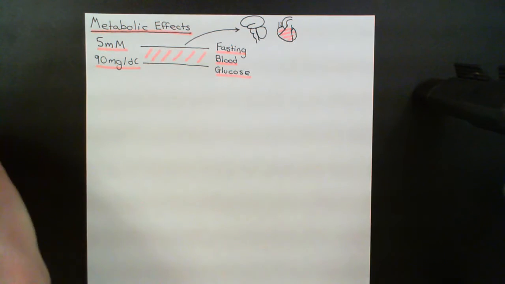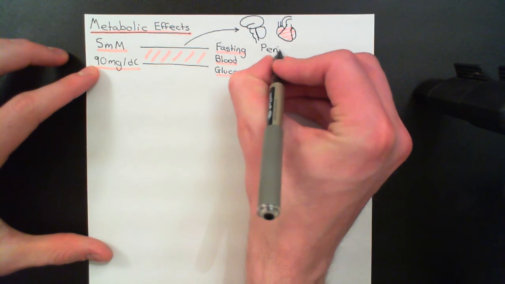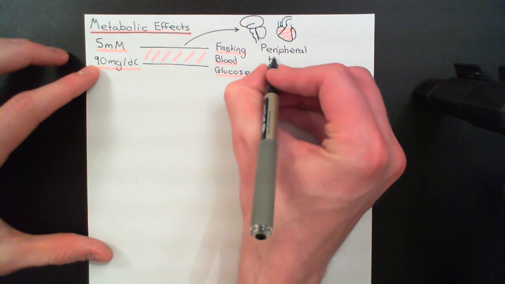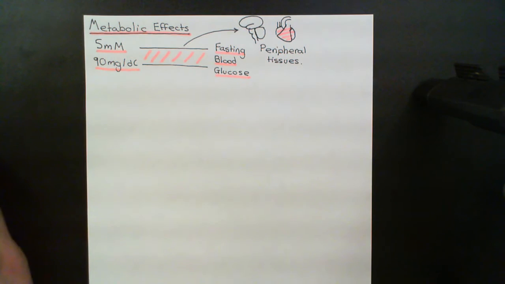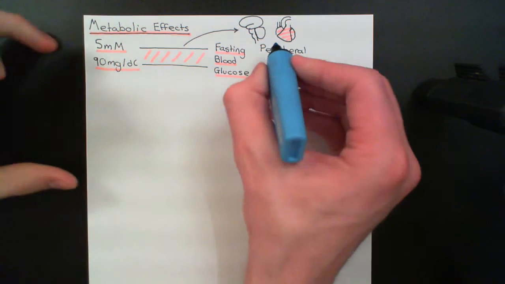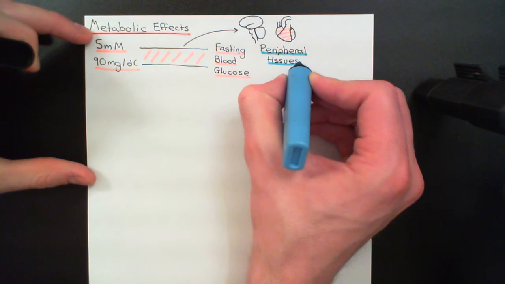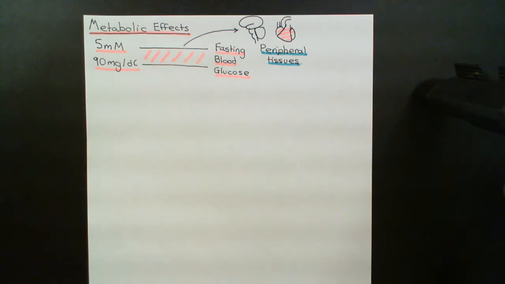So these are peripheral tissues, so I'll just label them up here. These are representing the peripheral tissues which are taking glucose out of the bloodstream all the time and using it for their purposes. Okay, so I'm just trying to illustrate why maintaining blood glucose is a problem. So this is the continual force that we are working to try and stop actually altering the blood glucose here.